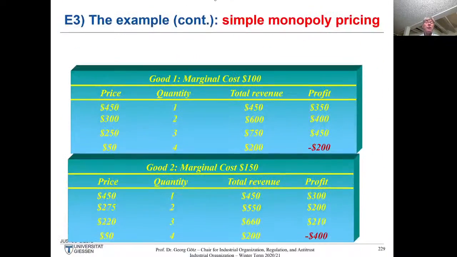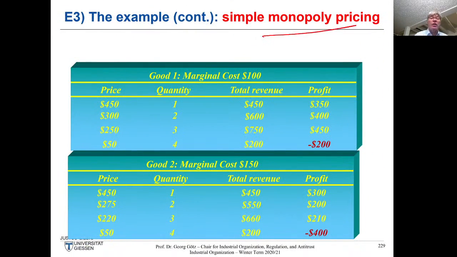What is clear, for instance, if you do simple monopoly pricing? It's rather clear. We sell each good at a uniform price. Now, if we sell one quantity, we could charge a price of 450. If we want to sell 2, we can charge a price of 300.